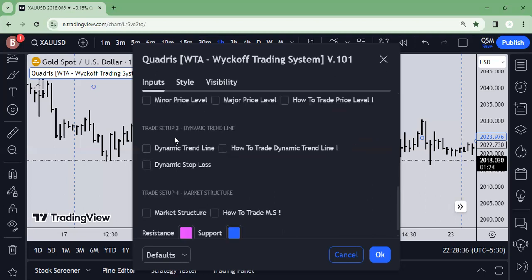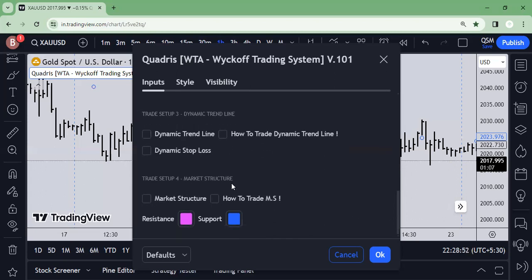Then trade setup three, dynamic trend line and how to trade the dynamic trend line. Then I have added a dynamic stop loss, which can be used with any of them. And the fourth trade setup is market structure, along with how to trade in market structure.